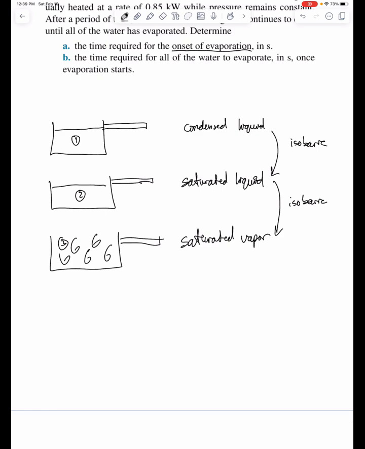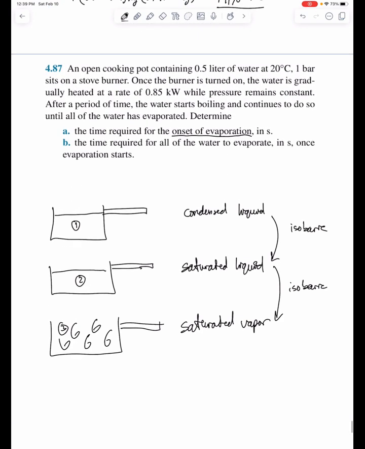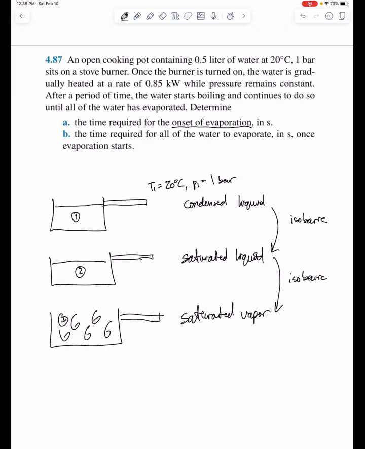Now I take all this information. We're just given the starting temperature and starting pressure, and outside of the states themselves, the global variables are 0.5 liters and a heat transfer rate of 0.85 kilowatts. I think we can convert the liters.